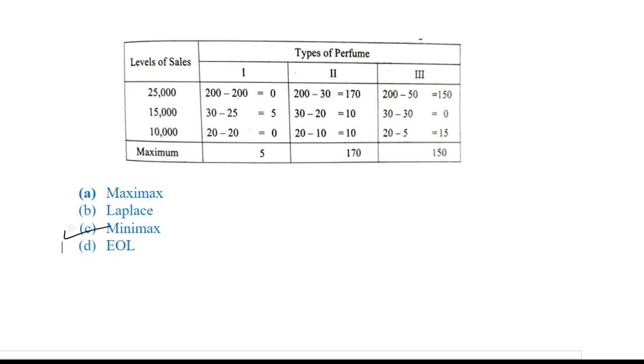Dear student, always understand, whenever I am writing minimax, it means from the maximum values I am selecting the minimum value. From the maximums 5, 170 and 150, I have selected the minimum value, that is 5. So hence it is the minimax criterion.